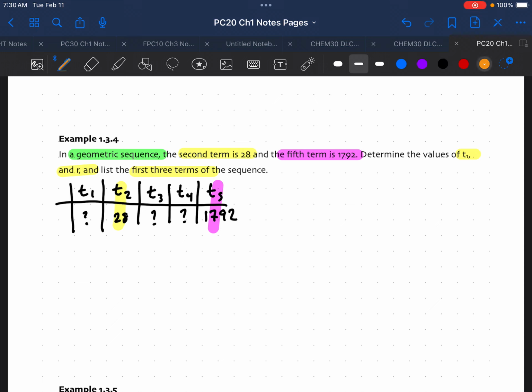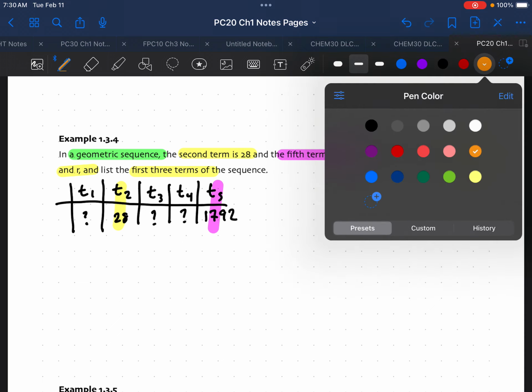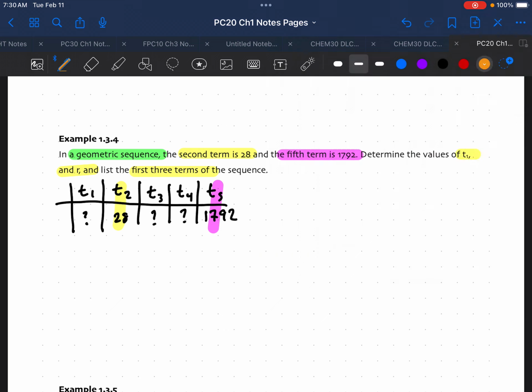So the first one is going to be, well, I'm just going to write out our formula here: the nth term is equal to term 1 times our common ratio to the n minus 1. So we're going to start off with our second term right here. So for our second term, n is equal to 2, and our nth term is 28.